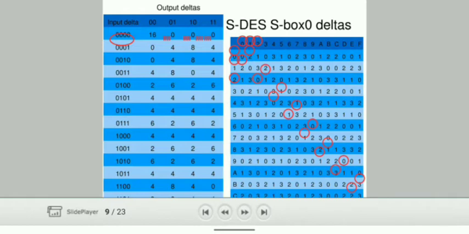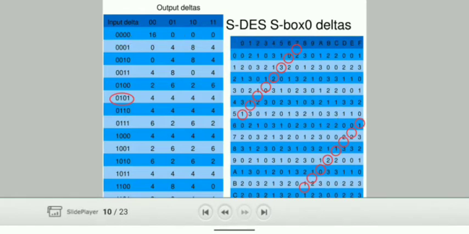In a diagonal format, the input is searched in the S box 0 deltas and the comparison is carried out.